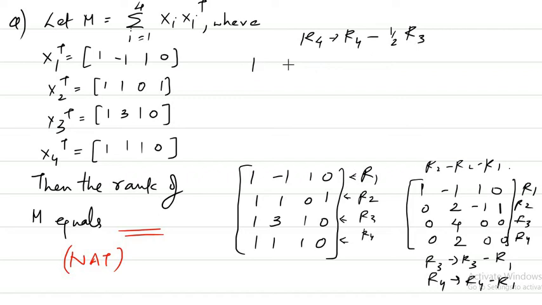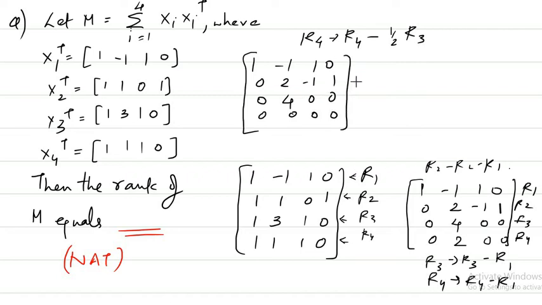So what do I get? I get something like this: 1 0 4 0 0 0 0 0 0. If I want, I can divide this by 2 and divide this by 4. Then I have converted the matrix into an echelon form. In that case, I get 3 non-zero rows, and I can say the rank of the matrix is 3. So after converting to the row echelon form, I get the rank of the matrix to be 3.